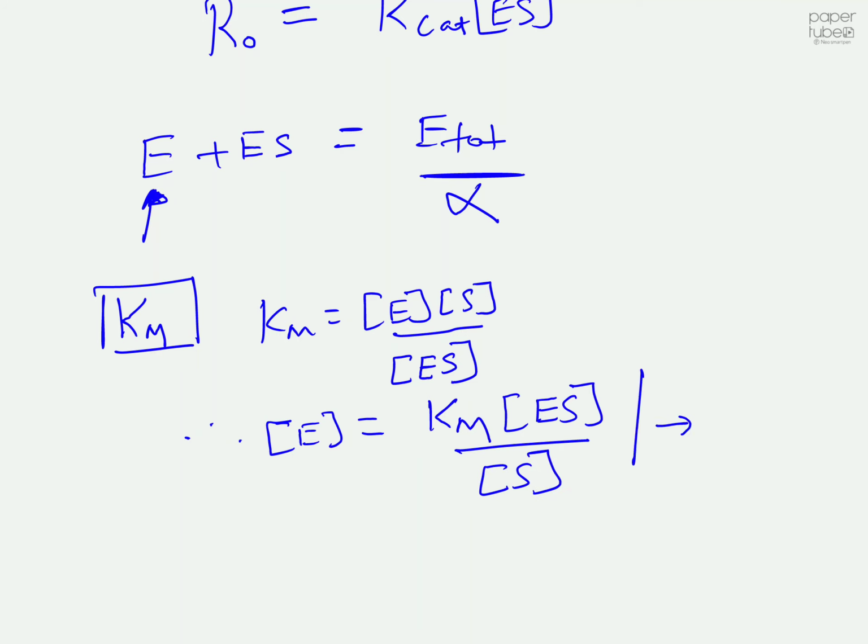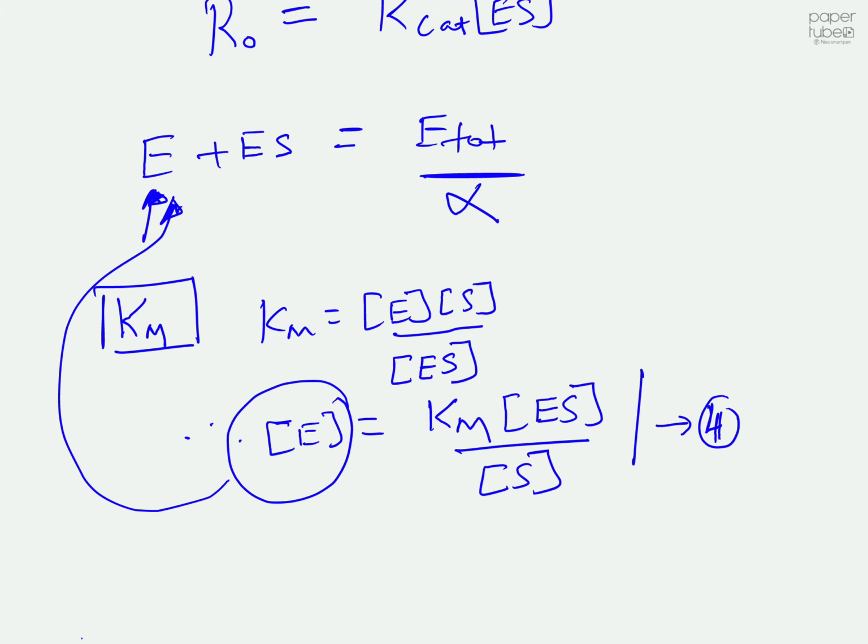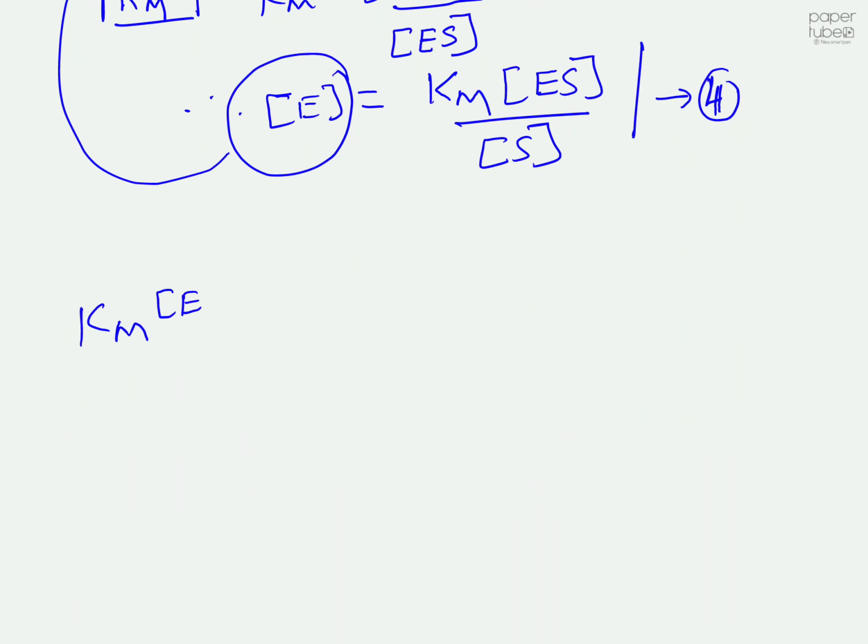Let's call this equation 4. Substitute this E value in the above expression. So that will be Km times enzyme substrate complex divided by substrate concentration, plus ES, that's equal to E total divided by alpha.